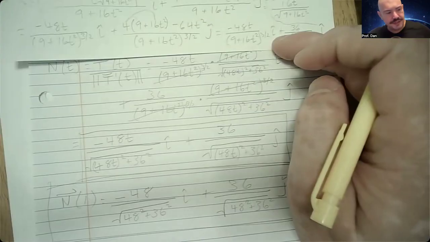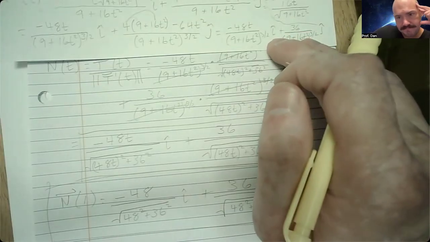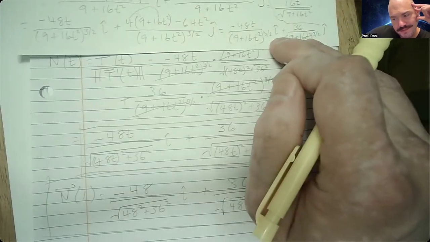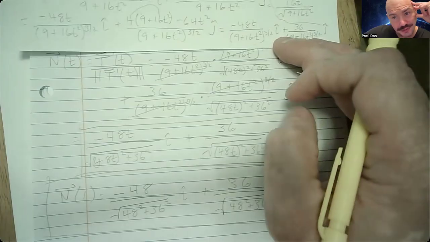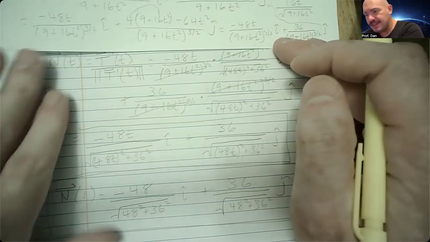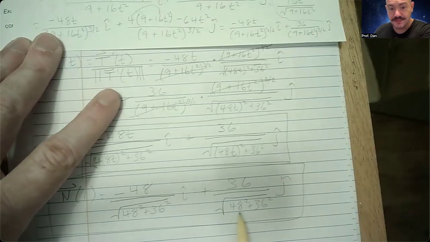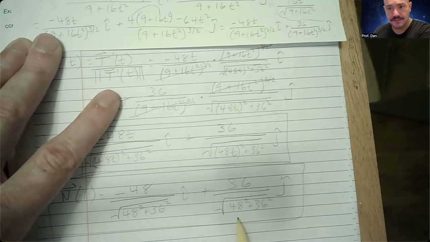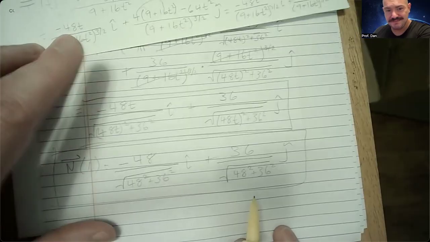And side note, y'all, if you know your Pythagorean triples, that actually becomes something you can do. Because think about it, that's 3 times 12, that's 4 times 12. So the missing side would be 5 times 12, also known as 60.